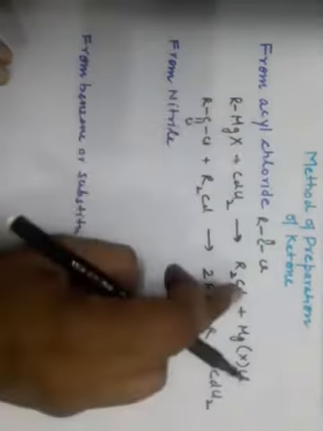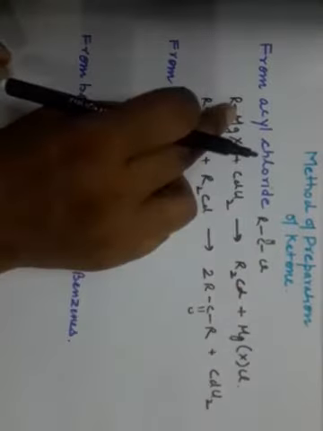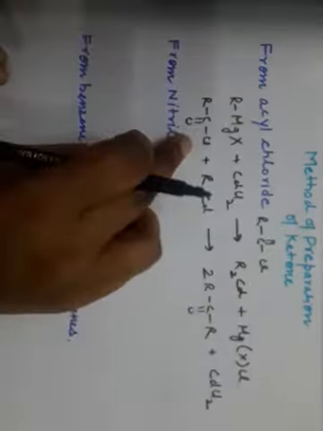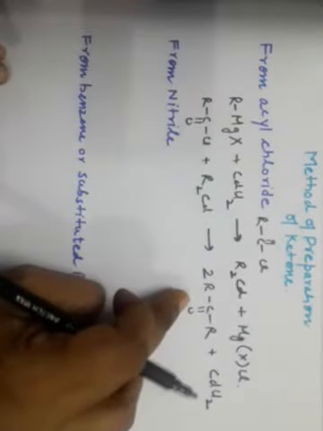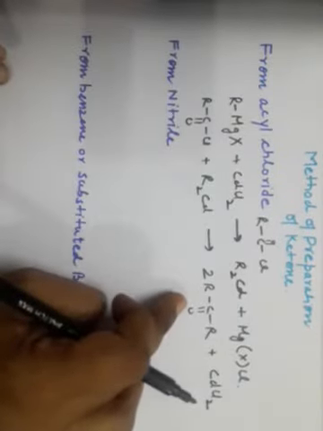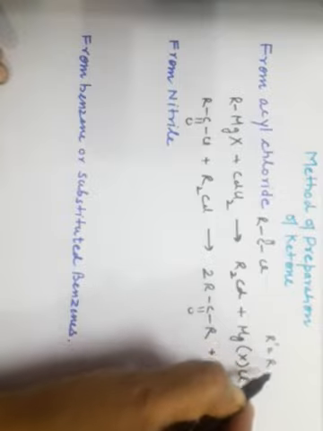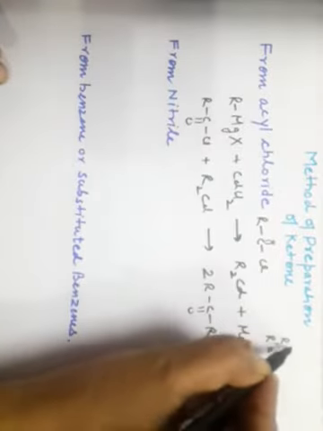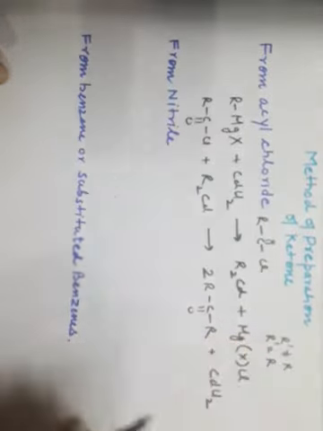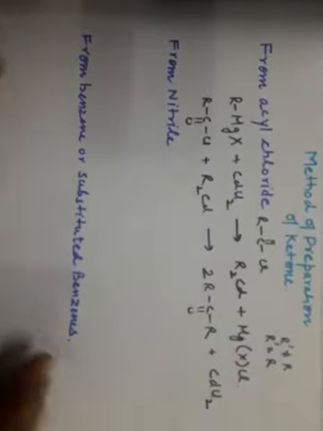I am again repeating, in this method we require dialkyl cadmium. So in the first step we prepare dialkyl cadmium with the help of Grignard reagent. Then in the second step dialkyl cadmium reacts with acyl chloride and gives the formation of ketones. The alkyl groups present on acyl chloride or dialkyl cadmium may be the same or different. It depends upon the need.